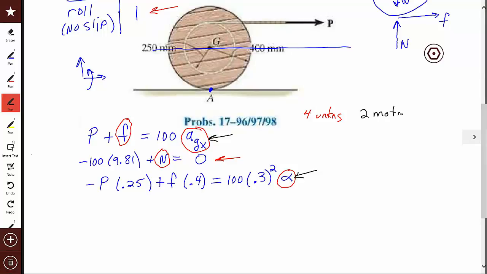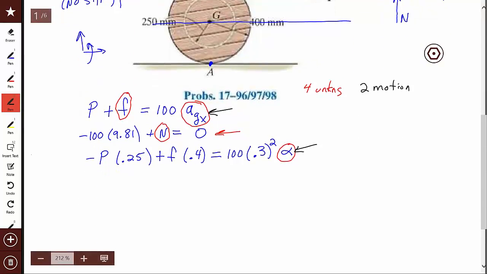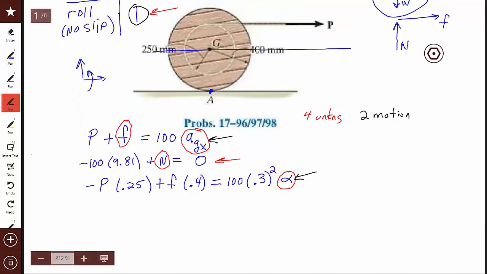How many should I have? What's the degree of freedom? The degree of freedom is 1. I should only have 1 motion variable. I have 2. What's going on? Oh, these 2 motions must be related to each other. That's how I know that they must be related. It's 1 degree of freedom, and yet I have 2 variables. I shouldn't have 2 variables.